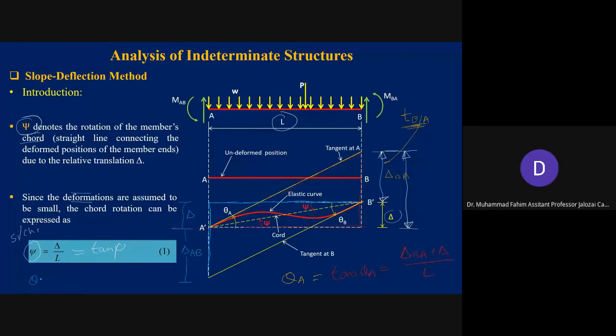Yes sir. So theta B would be delta AB plus delta divided by L. Okay?